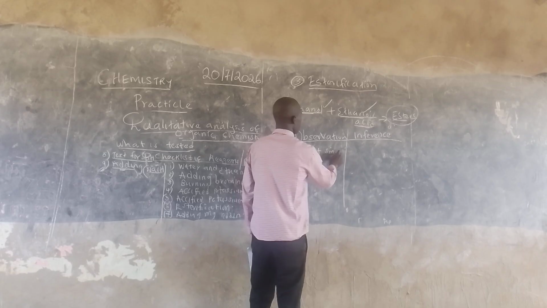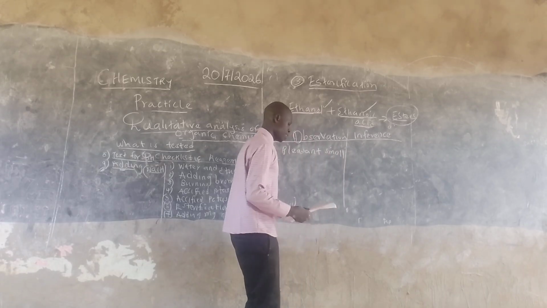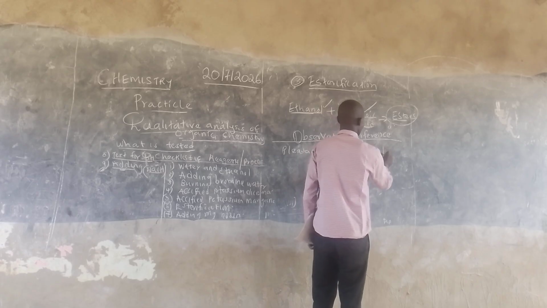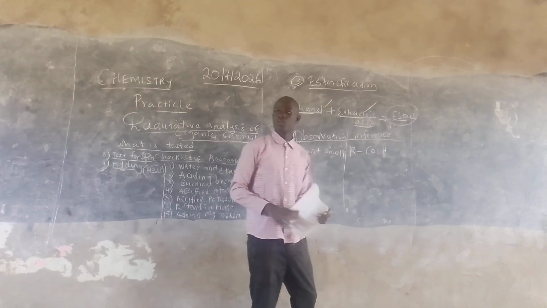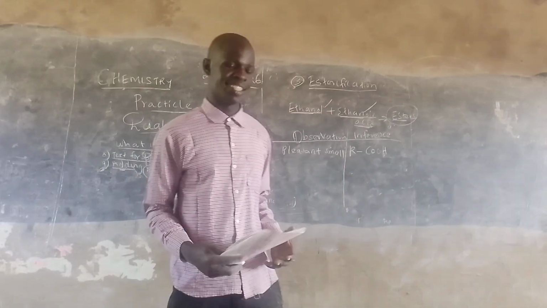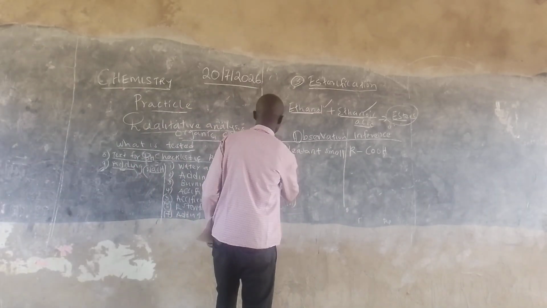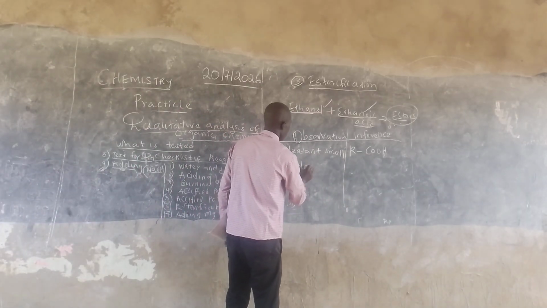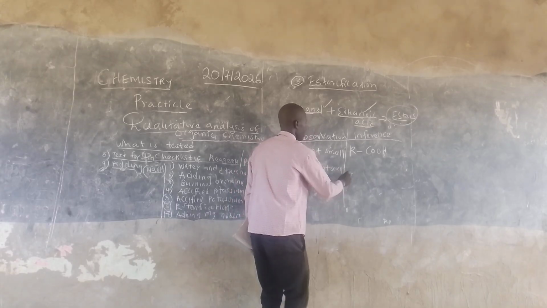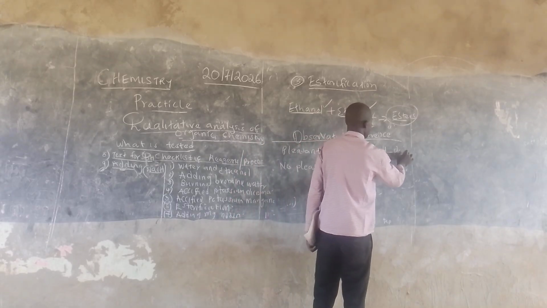So when a pleasant smell is produced, we talk about the alkanoic acid being present, because we have used ethanol. When you use ethanol, you confirm ethanoic acid. What if there is no pleasant smell?